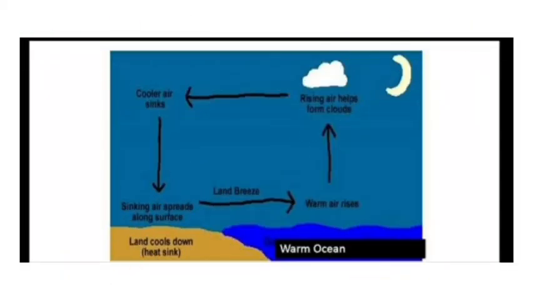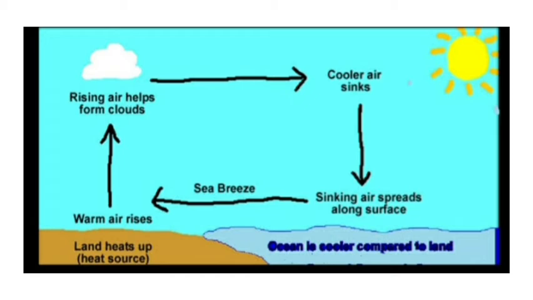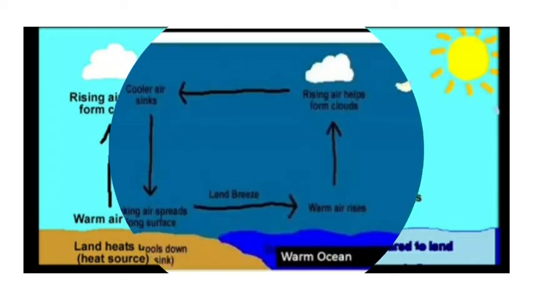Winds also modify the temperature of a place where they blow. Winds which blow from sea to land are called onshore winds and carry moisture. The winds which blow from land to sea are called offshore winds. Winds of different character influence the climate of the areas in a different way.